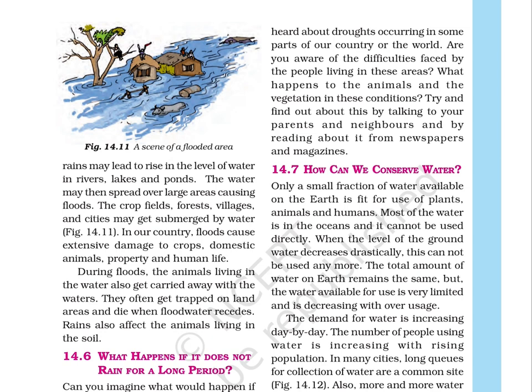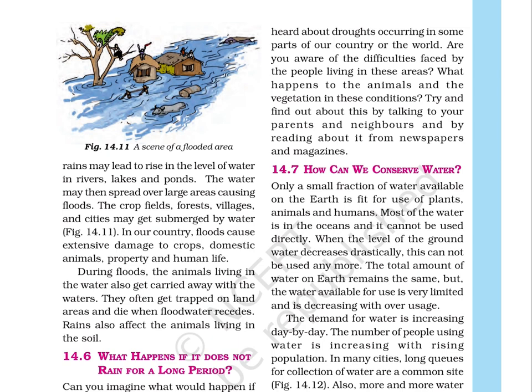Only a small fraction of water available on the earth is fit for use of plants, animals and humans. Most of the water is in the oceans and it cannot be used directly. When the level of the groundwater decreases drastically, this cannot be used anymore.